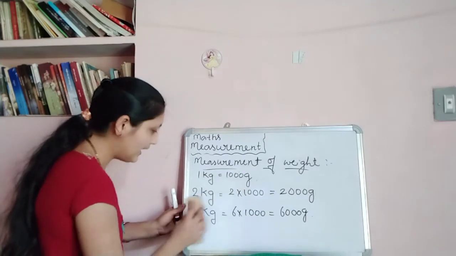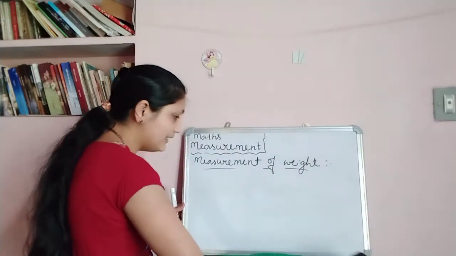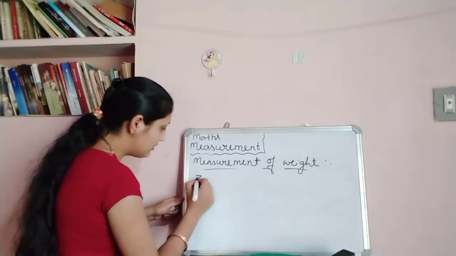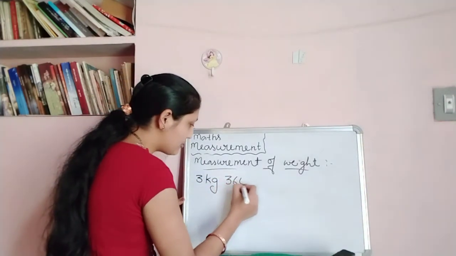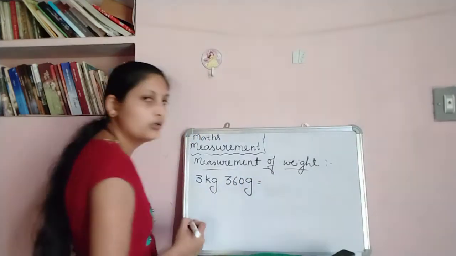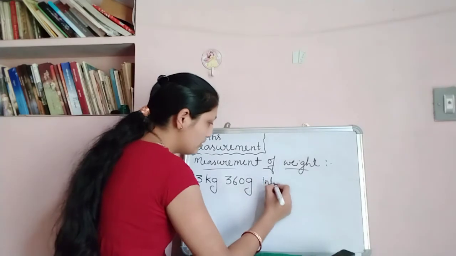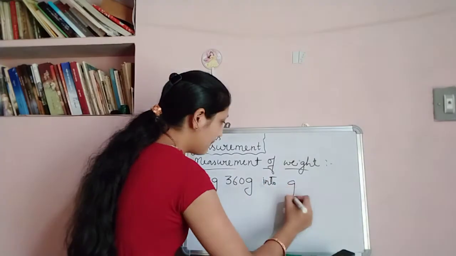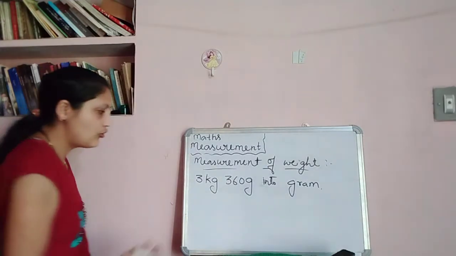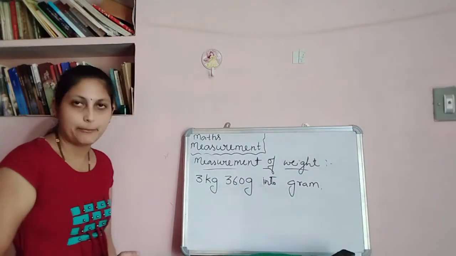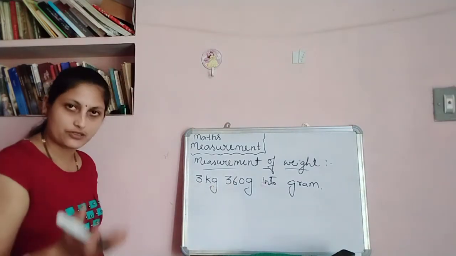Let us take another example. Let us convert 3 kg 360 gram into gram. How to convert this into gram? Very easy. First, 3 kg has to be expressed in gram.